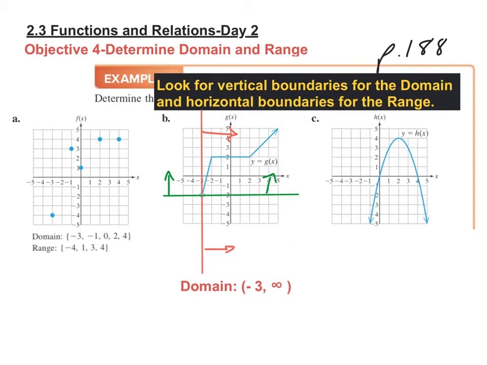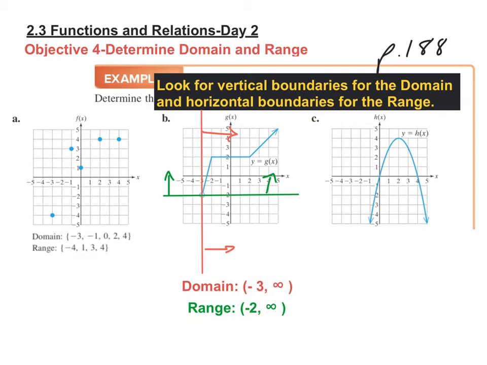So what's the smallest y value that we can have? -2. -2, but is it included or no? No, it's still not included. It's still an open circle, which means I'm going to have a parenthesis. And what's the highest value that we could have? Positive infinity. So my range ends up being from -2 to positive infinity.